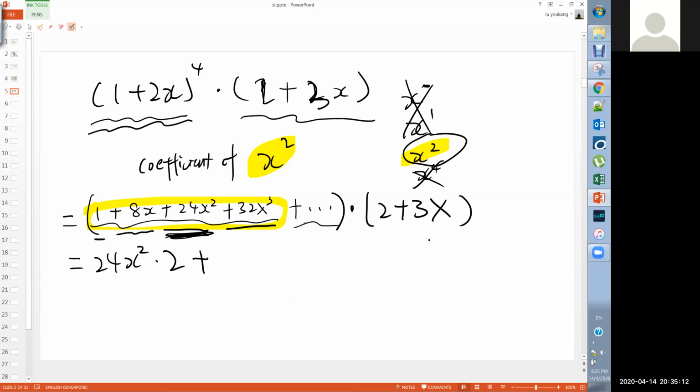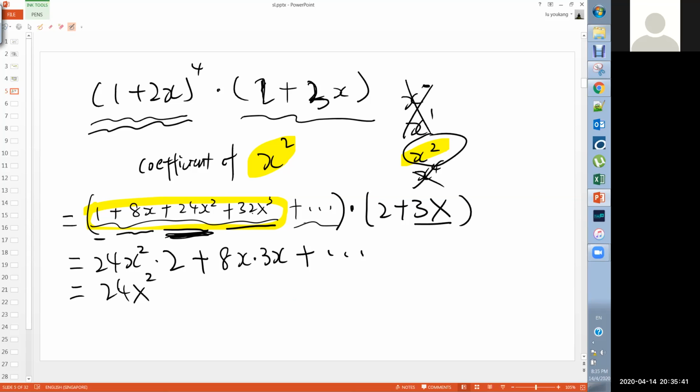So I'm done already. Now I need to times 3x. 1 times 3x, the question doesn't want this. 8x times 3x, the question wants this. And then plus 24x squared times 3x, the question doesn't want. 32x cubed times this, the question also doesn't want. Okay, done deal. Now I just need to combine these two.